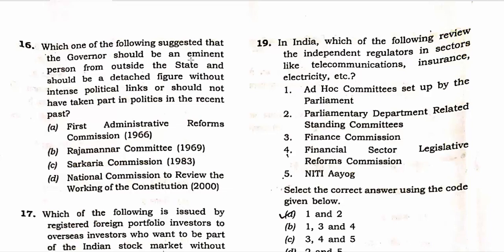This is a question from the polity section, and it is a direct question. If you have read your governor chapter, the answer would have been right in front of you. That's nothing but the Sarkaria Commission, which is your option C, a direct question with a direct answer. So you need not do much about it.